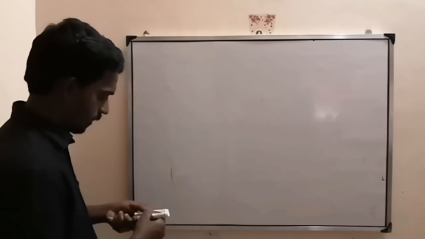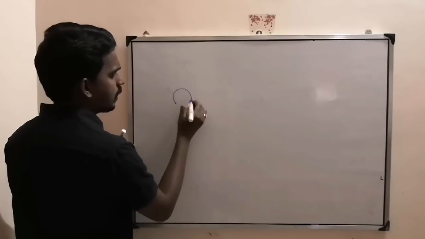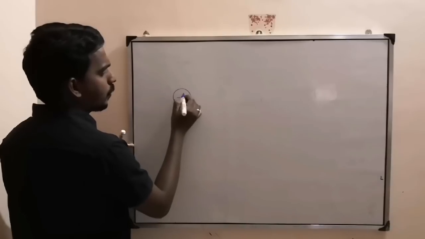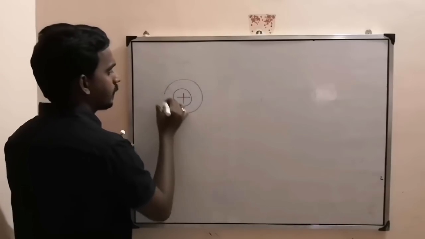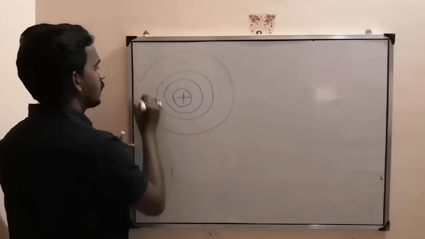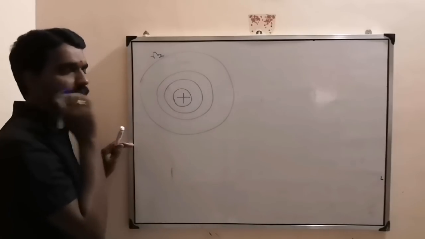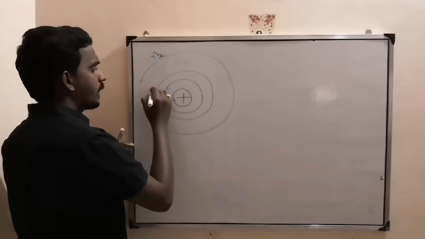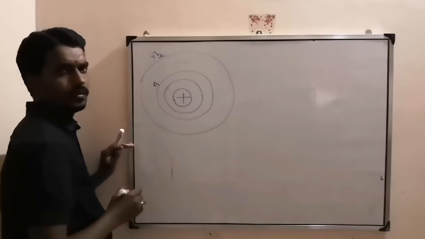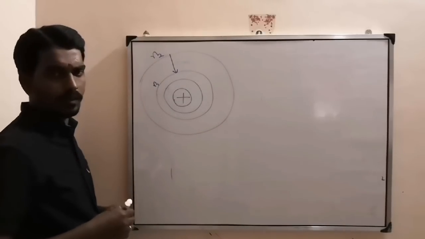So let's take here, consider the hydrogen atom or some other atom. This is the positive nucleus and there are orbits like this. Now this is one orbit of orbit number n2 and this is another one, n1. Now the electron took transition from n2 to n1.